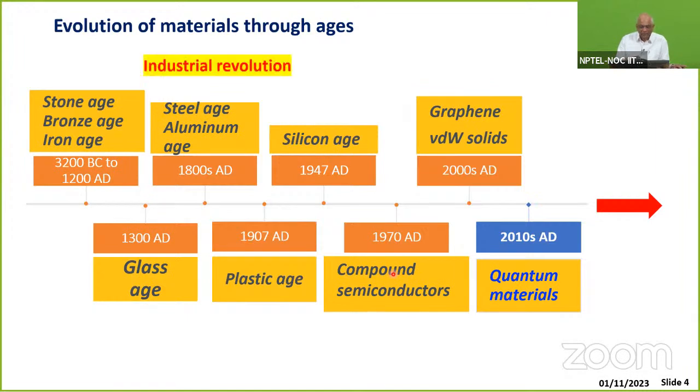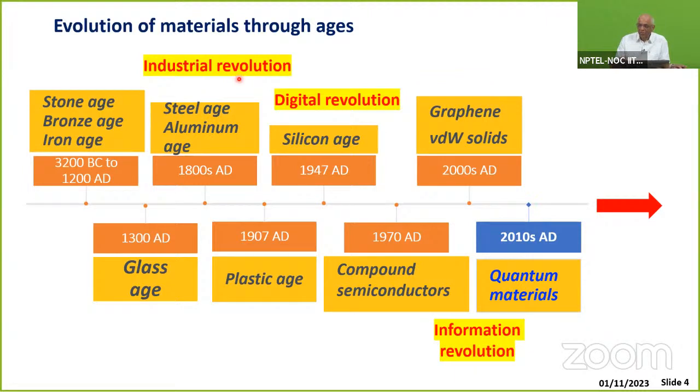Now we have quantum materials. So this all led to the Industrial Revolution, as you all know. The Silicon Age started the digital revolution, a revolution which affected humanity.